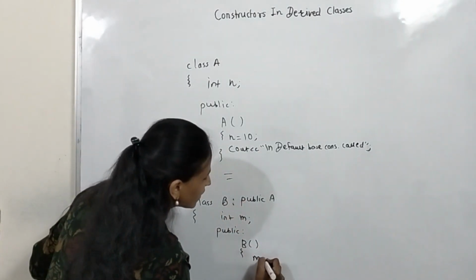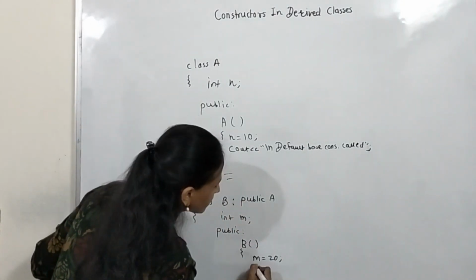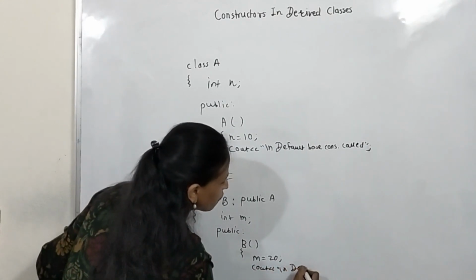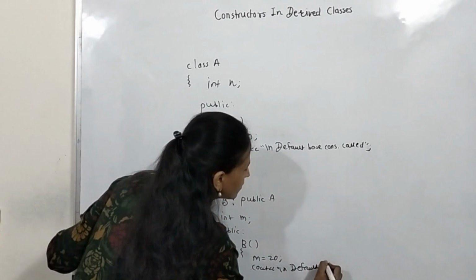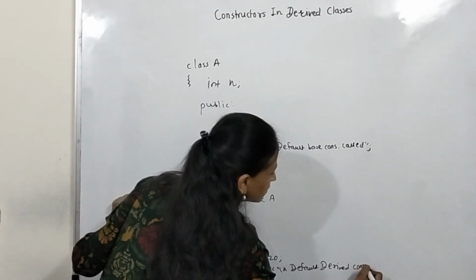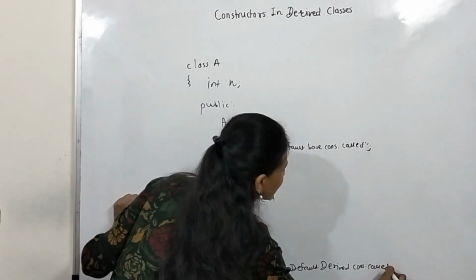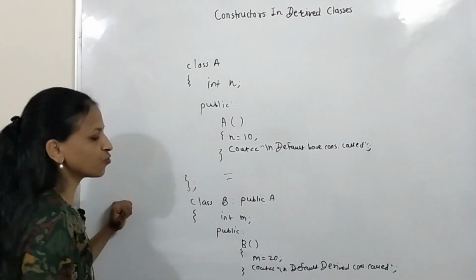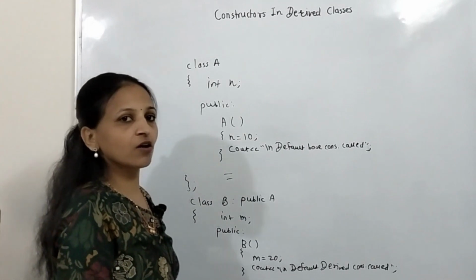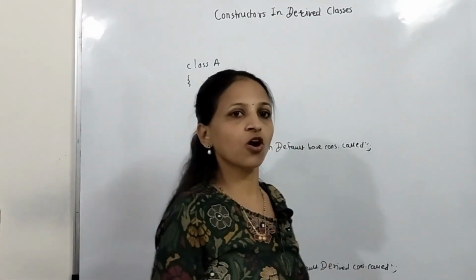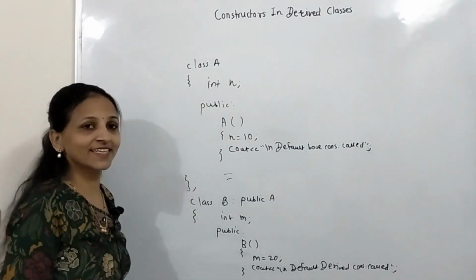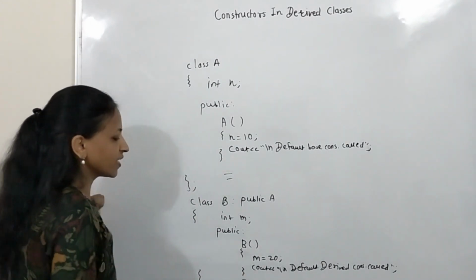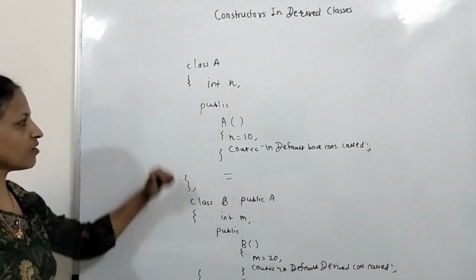Here m equals 20, and again I write a message "default derived constructor called". This is just a message I want to display whenever this constructor gets called. I want to check how the constructor is called whenever we create an object of this derived class. Here a display member function again.